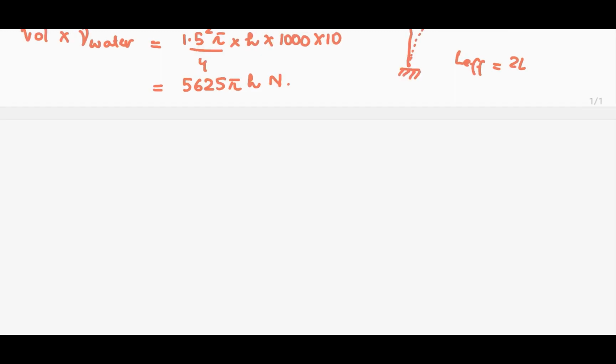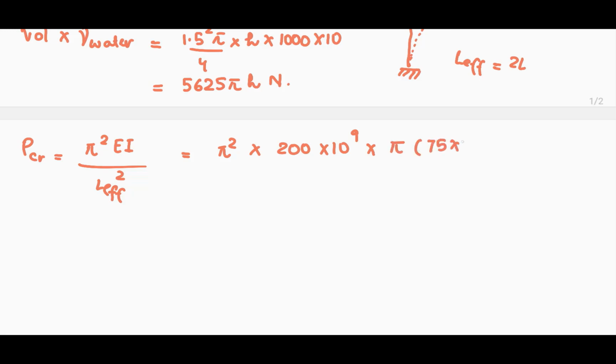Let us now calculate the critical buckling load for this column. Now we saw that PCR is given by pi square EI by L effective squared, which is nothing but pi square into 200 GPa. Converting that to pascals, it will be 200 into 10 power 9, into the moment of inertia of the circular column, which is nothing but pi d power 4 by 64, and d is given to be 75 mm.